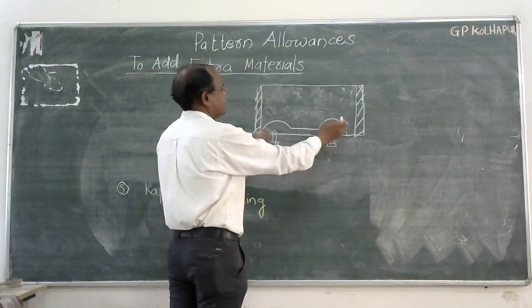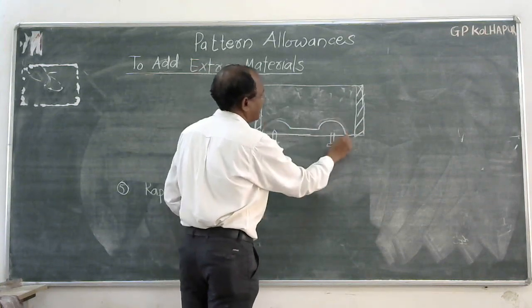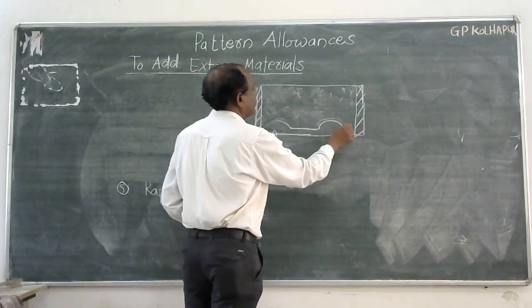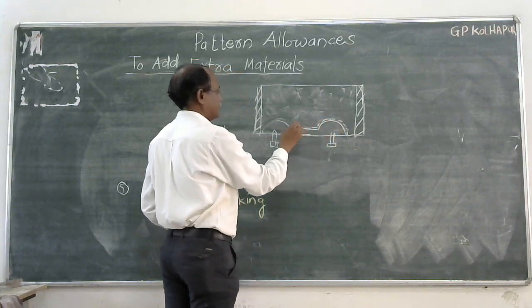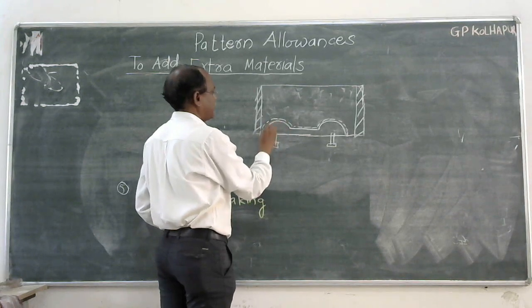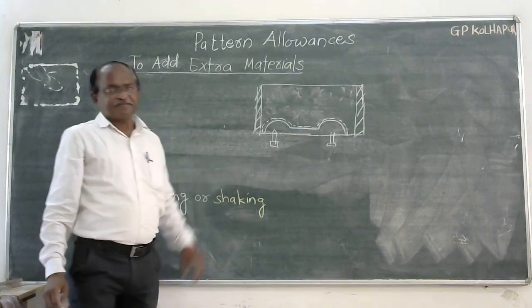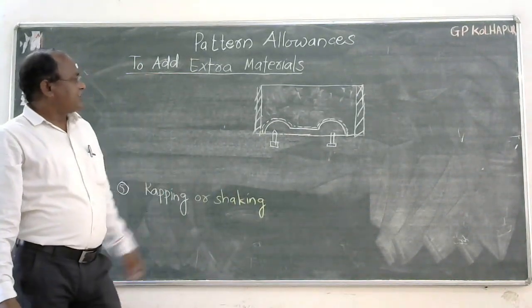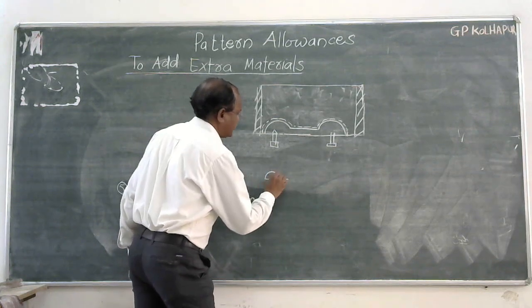Shake means move this pattern and remove it. So what will happen? After removing this, you will obtain a large mold cavity after shaking or after withdrawing this pattern. So to take care of this, you must reduce the size of the pattern.